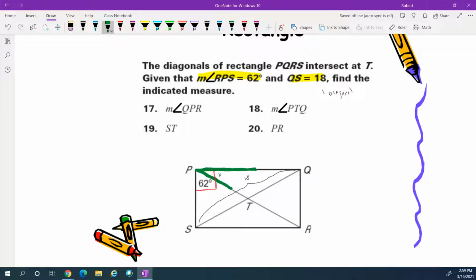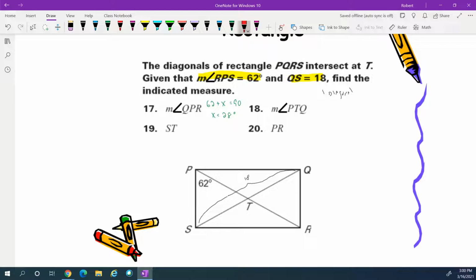So we're looking for that little angle. 62 plus angle QPR equals 90. And we can find out that it's 28 degrees. I'm going to erase that and clean things up a little bit.